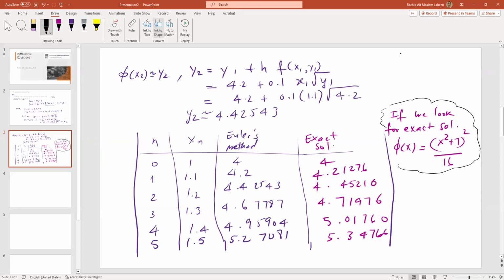All right, so that's the first example that will help you see exactly how Euler's method calculates these solutions, and if it happens that we know the exact solution, we can compare as well.